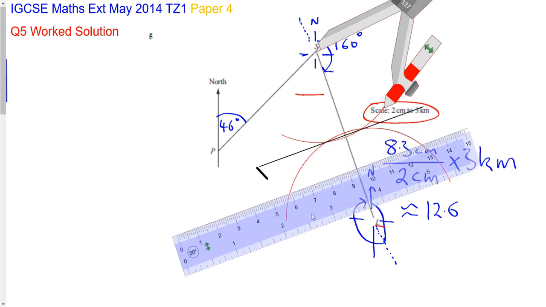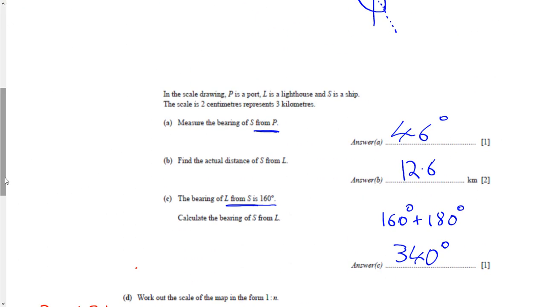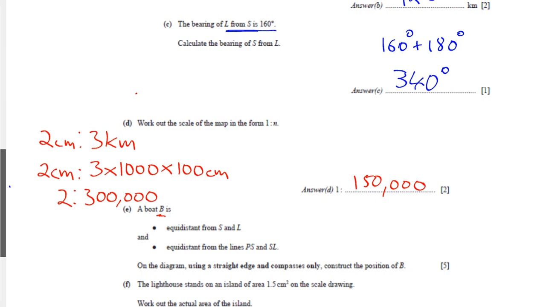Now the black line represents points equidistant from S and L, so anywhere along that line is going to be equidistant.